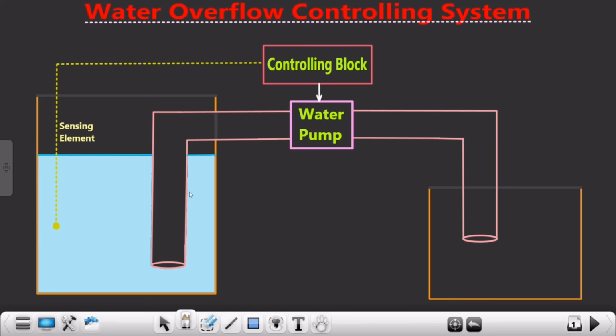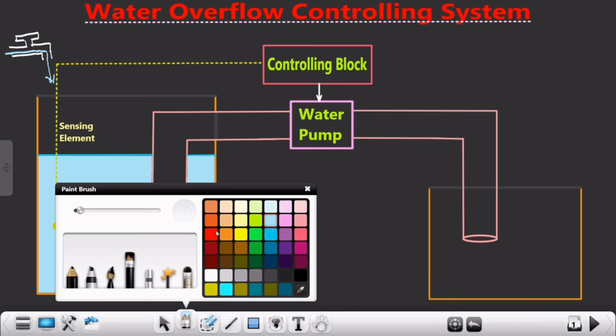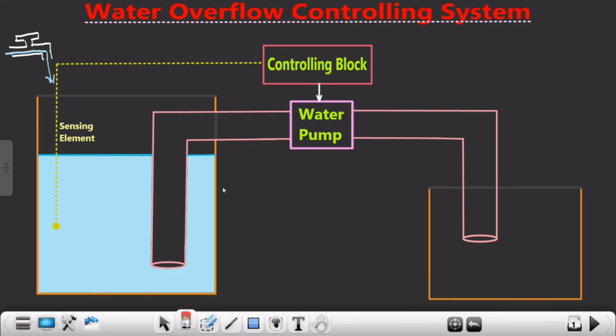But before coming to this particular block diagram, let me just draw this. So let's assume this is a tap. From this particular tap, water is flowing, okay? Water is coming out of this particular tap, and this particular water is getting stored in tank one. So let's assume this is my tank one, and whatever the water that is coming out of this particular tap, it is getting stored in this particular tank one, okay?